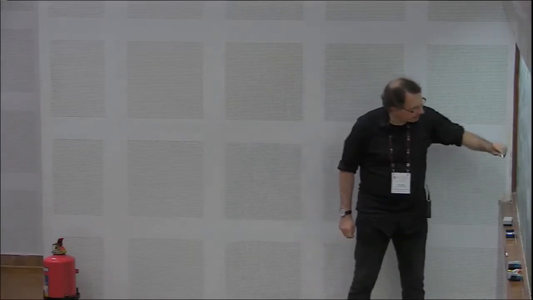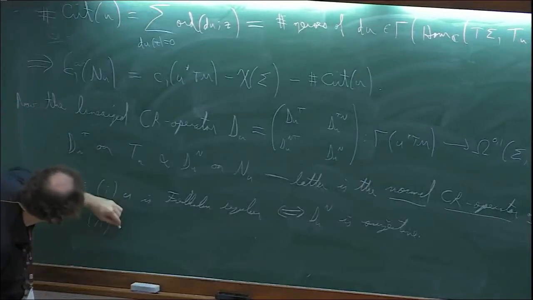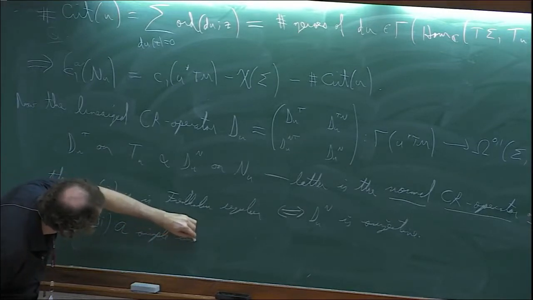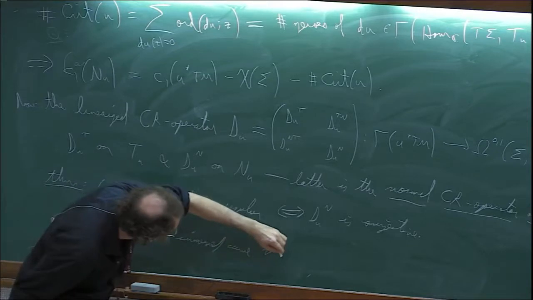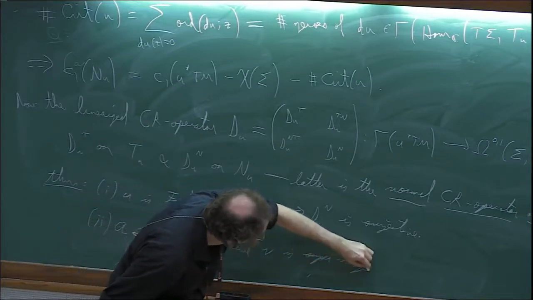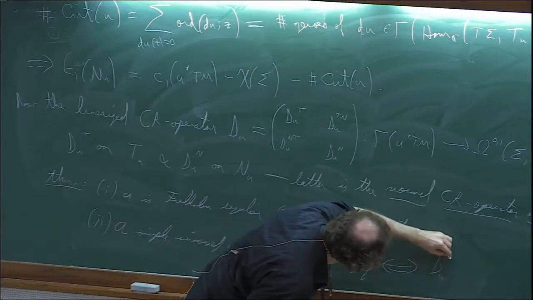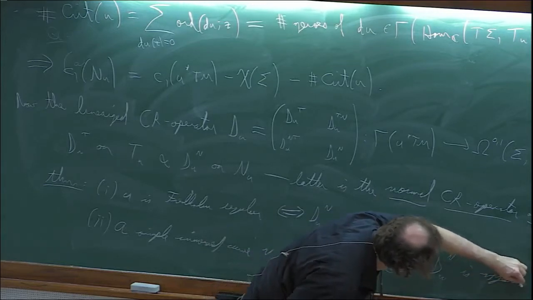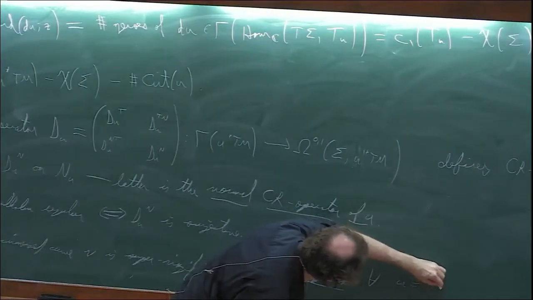Second thing I want to say is that a simple immersed curve v is super rigid if and only if the normal operator D_u^N is injective for all branched covers u equals v composed with phi.